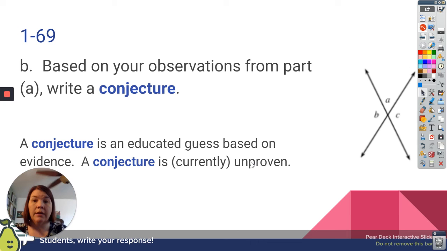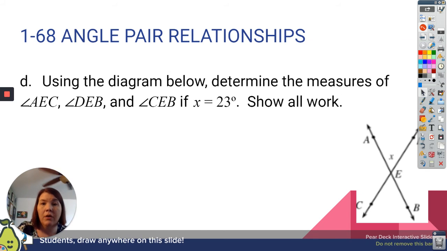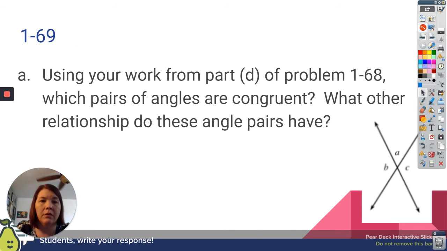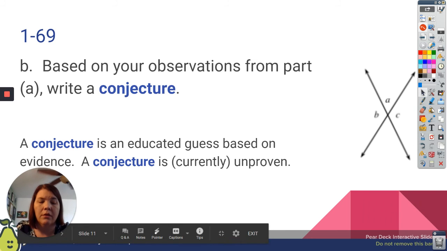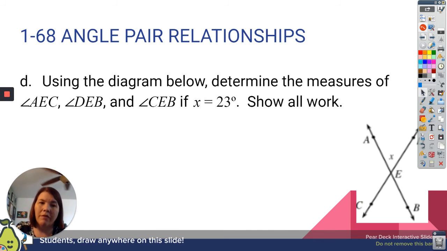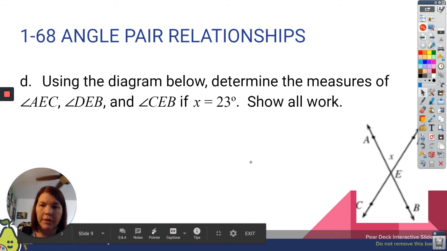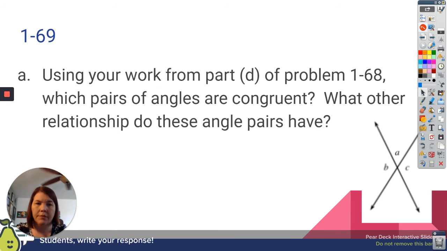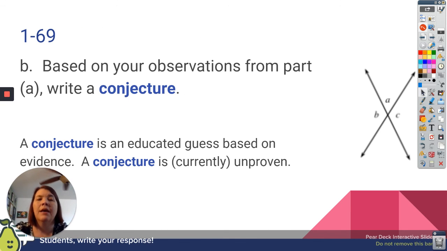What was our evidence? When we were solving this, we noticed that these two were the same, and those two were the same. And we want to conjecture about the vertical angles. So we want to make an educated guess about B and C.